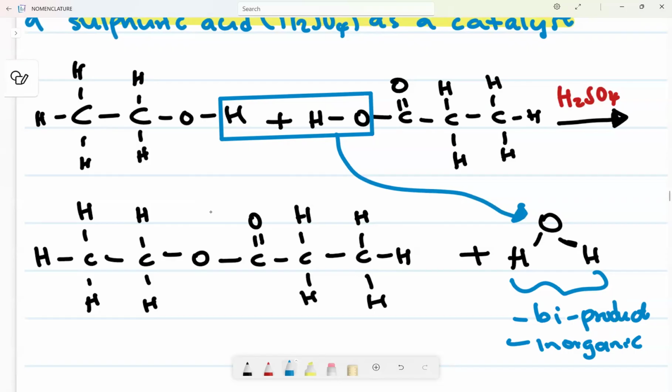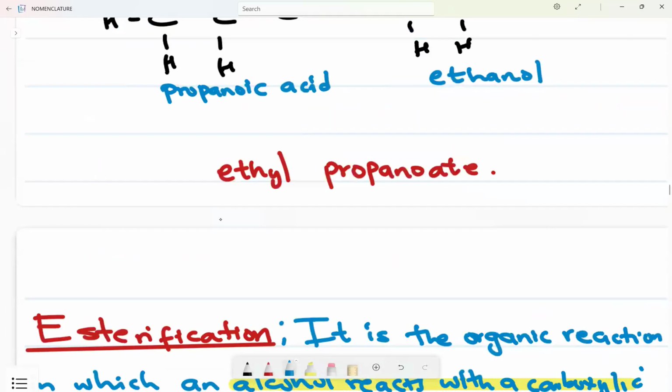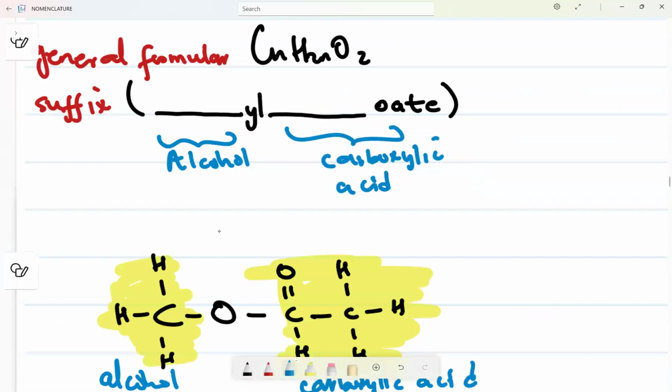So an organic compound consists of carbon atoms, but this one does not consist of carbon atoms. It is inorganic. Remember when I started, I said H2O is an example of an inorganic compound.